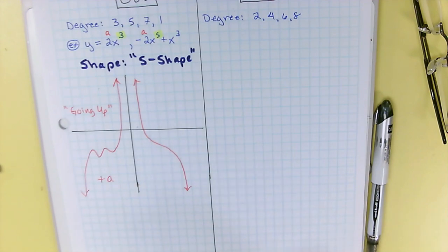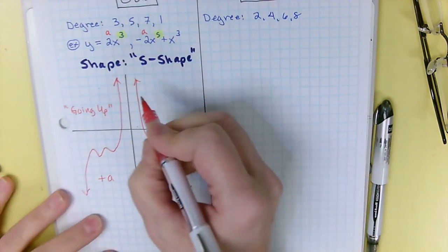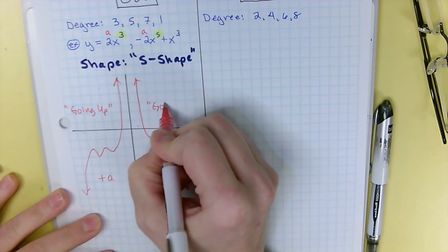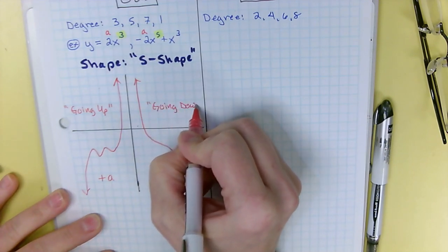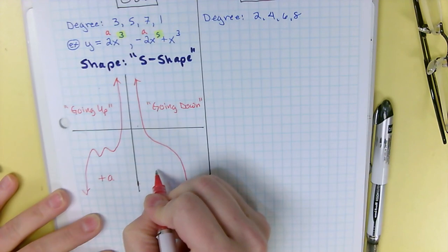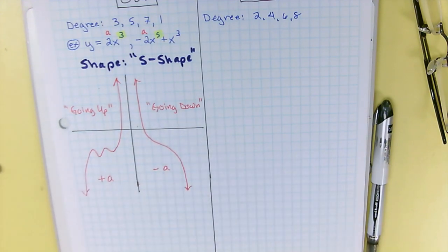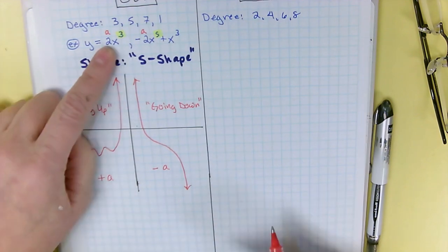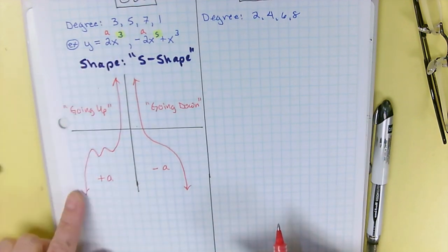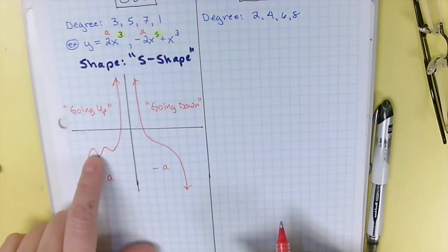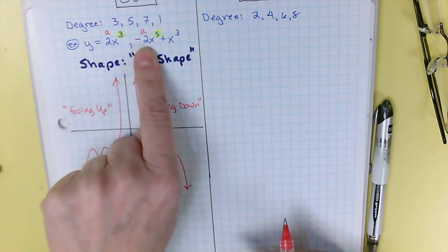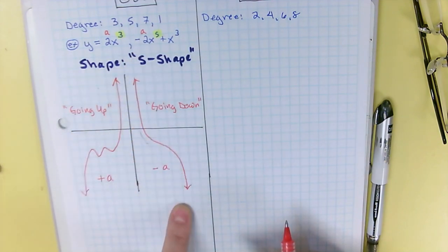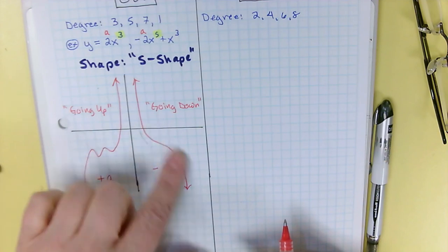So when we're talking about an a value, it's that coefficient, the leading coefficient. So you have going up and you have going down, which would be a negative a. The first example with the positive 2 would be going upwards, and it might have some bumps in it. The second one with the negative a is going downward, and again, it might have bumps.